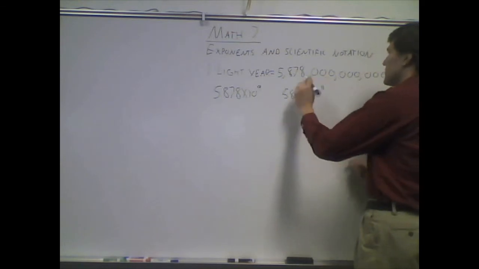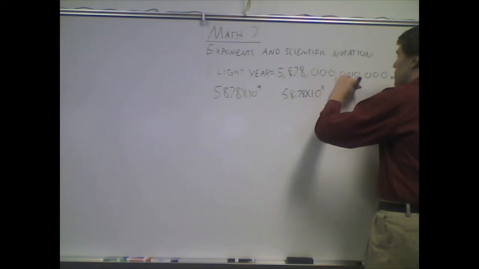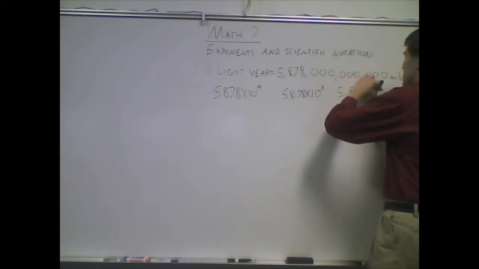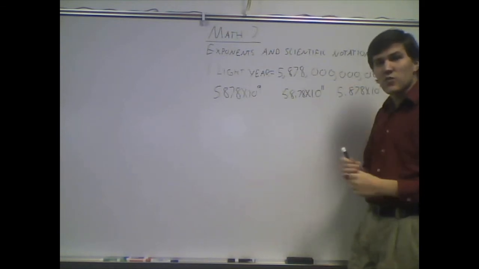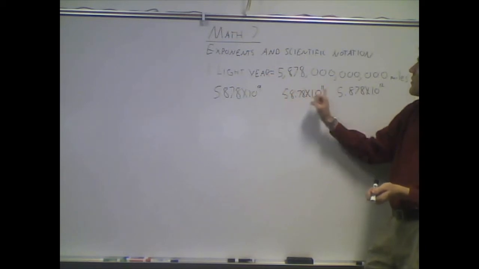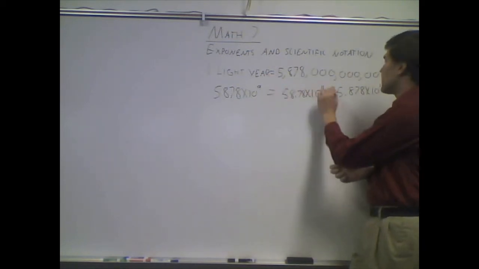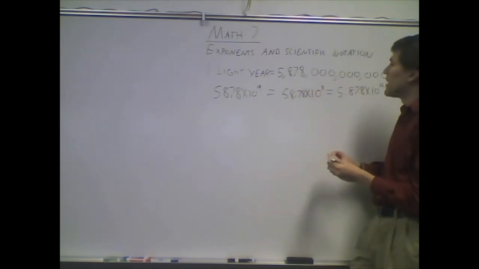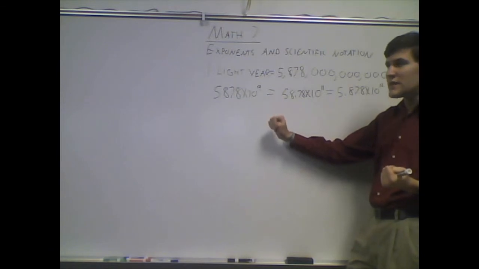Or we could even go up to 10 to the 12th and do 5.878 times 10 to the 12th. For each of these, we notice that even though we have written it differently, these all mean the same thing. These are all equal. So if we look, how can we get a standard way of doing these?